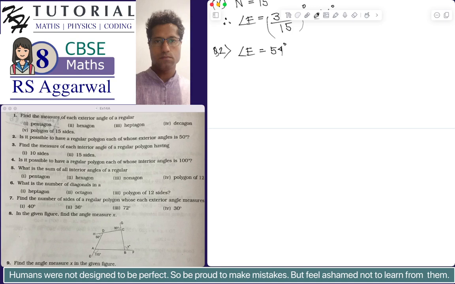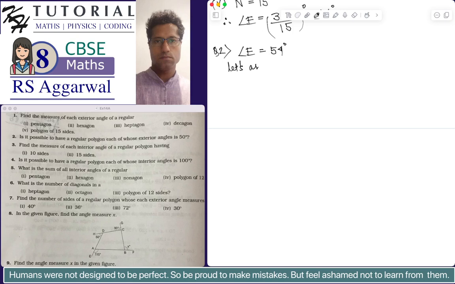Now, to verify whether any regular polygon exists which might have each exterior angle equal to 54 degrees, we need to consider that, let's say, the polygon having n number of sides has each exterior angle equal to 54 degrees.